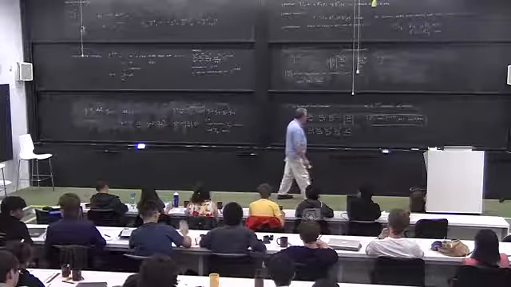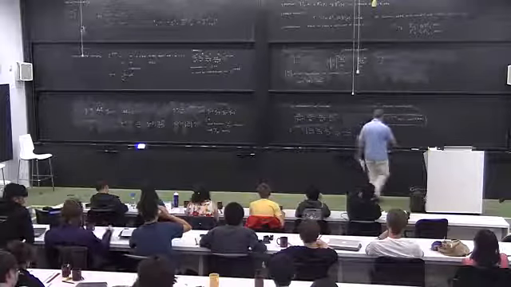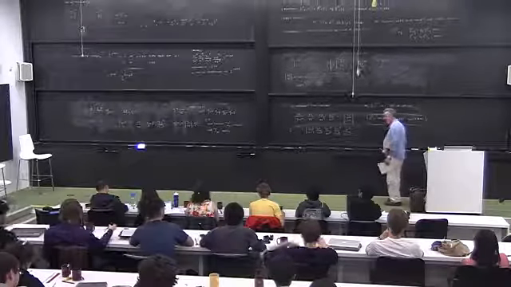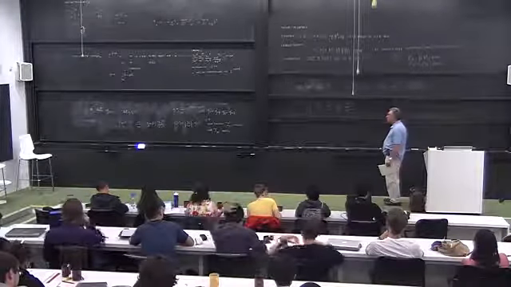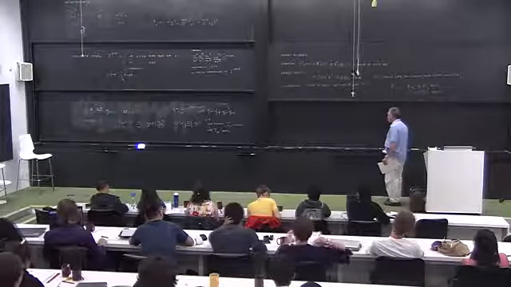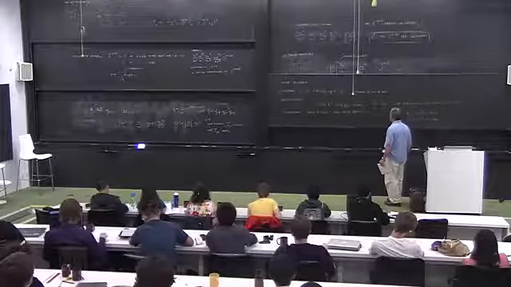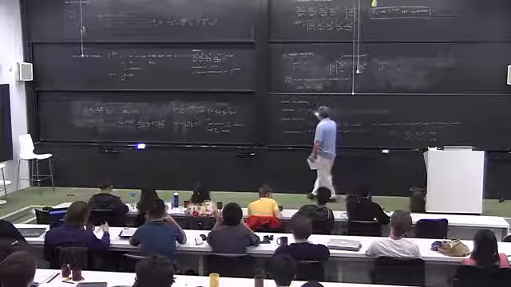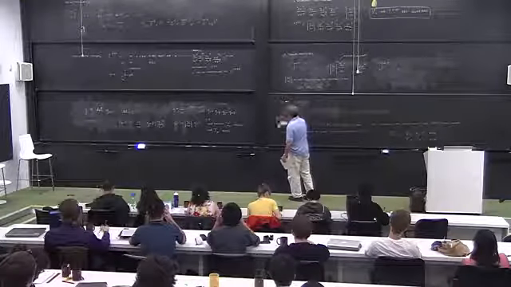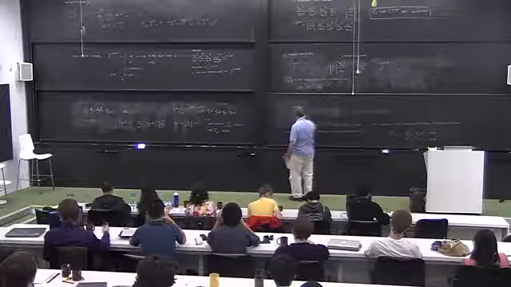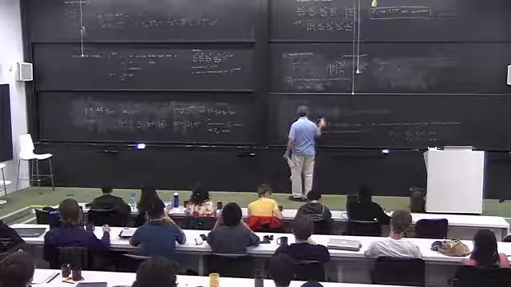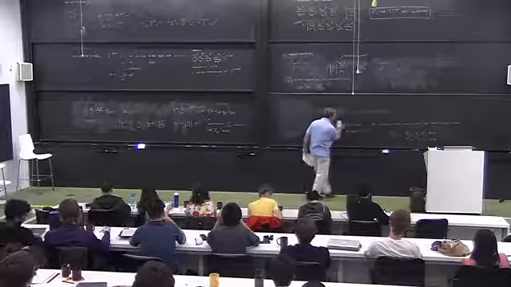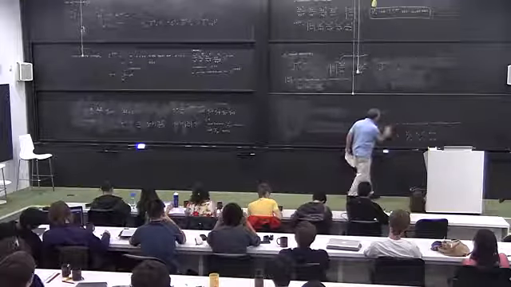Now here's a slightly confusing issue, because different authors have different conventions. I've defined epsilon with upper indices to be a density of weight 1. But we also want to have an epsilon with lower indices.